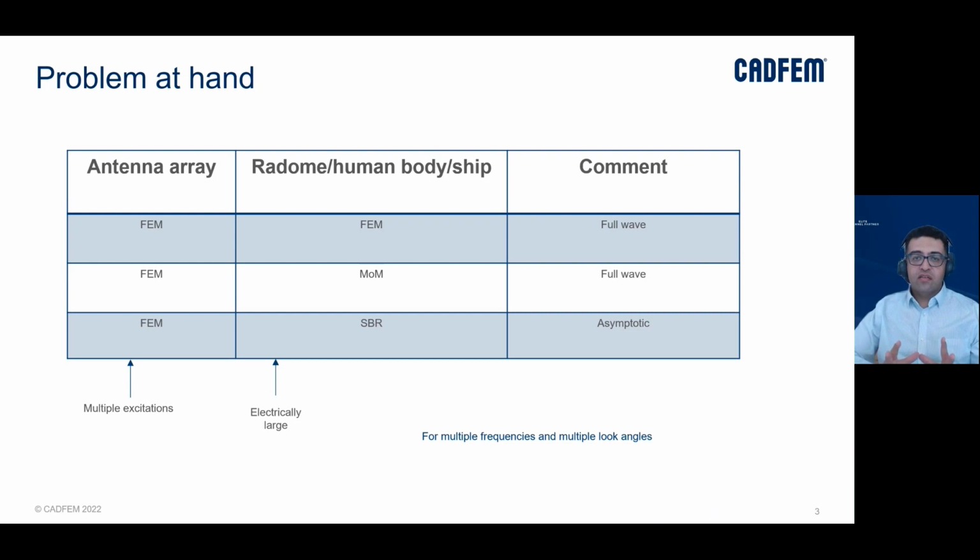And then these devices are never in isolation, otherwise they'd have no point. So they are always on a platform. This platform could be a radome for environmental protection, could be a human body, it could be a ship.